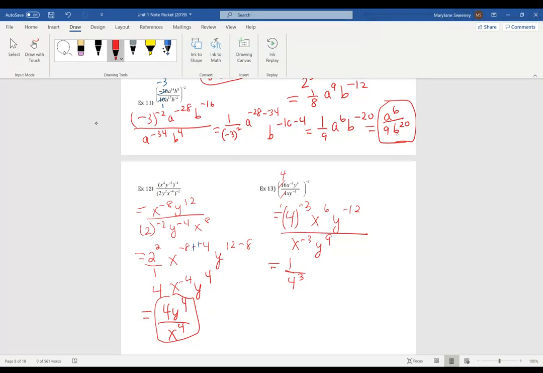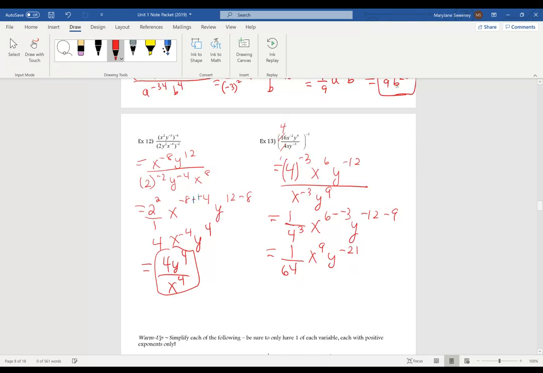When we flip this from 4 to 1/4, that goes positive 3rd, x to the 6 minus negative 3, y to the negative 12 minus 9. So this is 1/64, x to the 9th, y to the negative 21, which then the x to the 9th stays on top, and the y to the 21 goes on the bottom.